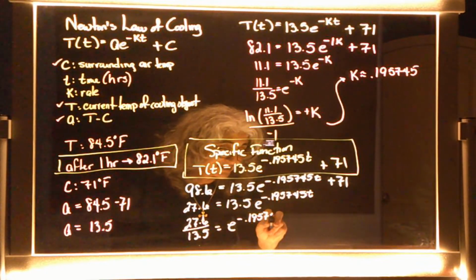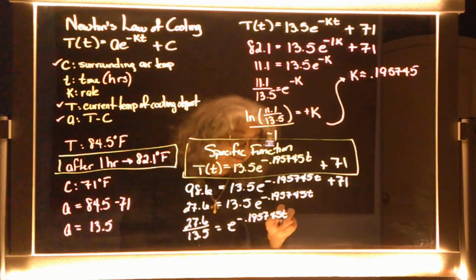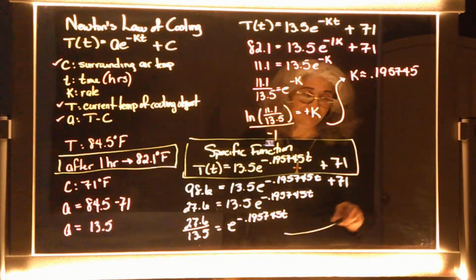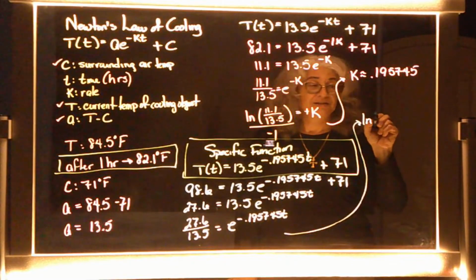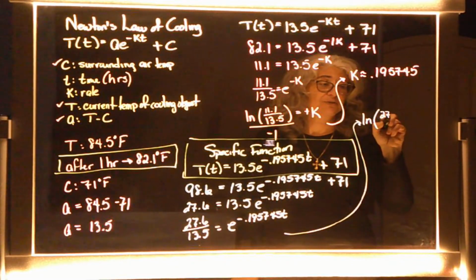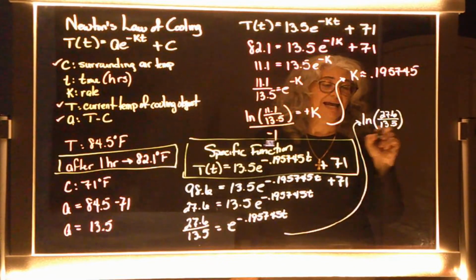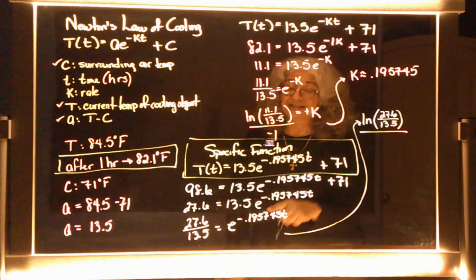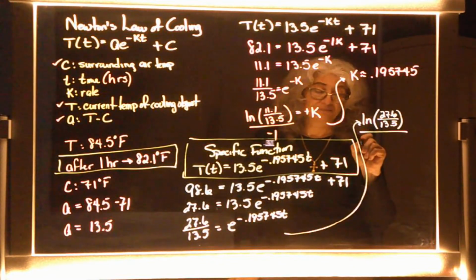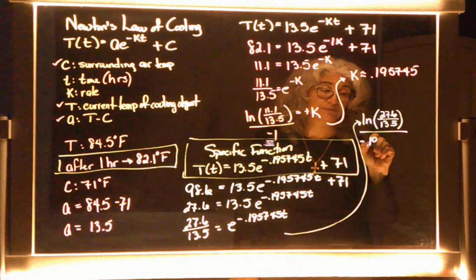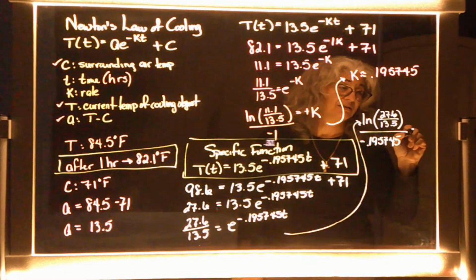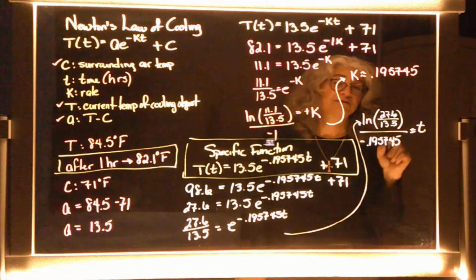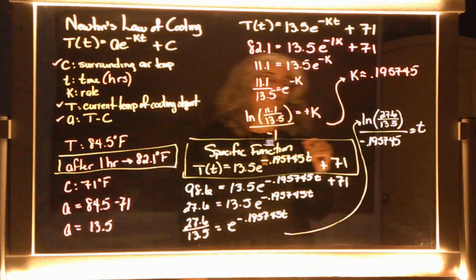Yep, you're going to have to take the natural log. Natural log of 27.6 over this 13.5. And then I'm going to have to divide it by that decimal, right? Yeah, I'm sorry, I skipped a step. Why? Because I'm running out of board space, but I'm sure you wrote it down. Equals the T, right?